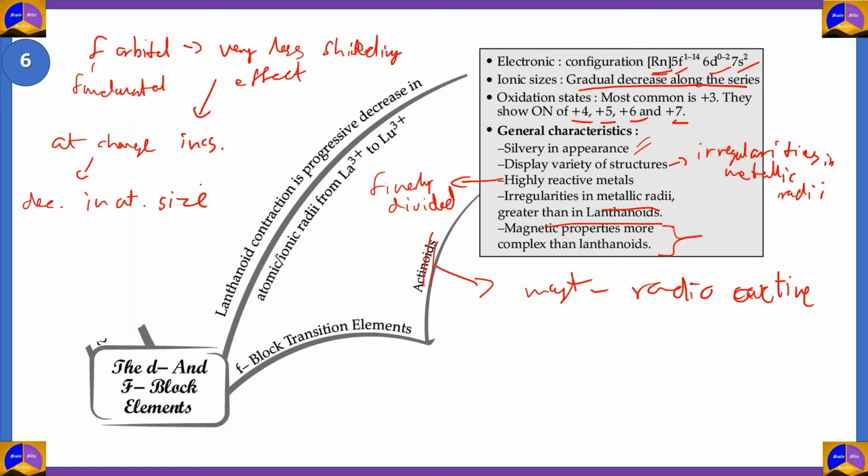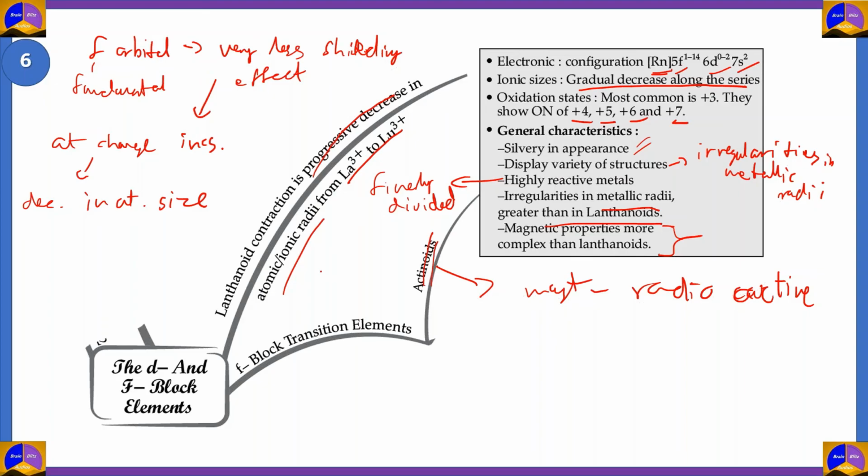Now that decrease in atomic size is due to the phenomenon that is lanthanoid contraction, the progressive decrease in atomic or ionic radii from lanthanum to lutetium. And since this also occurs in actinoids, we can also write from thorium to lawrencium.